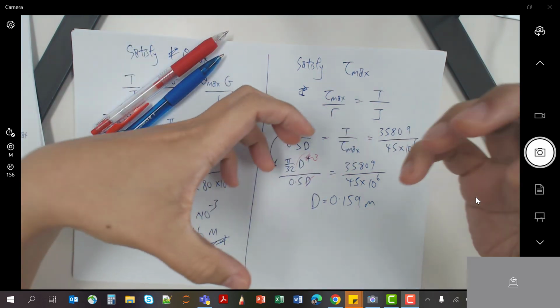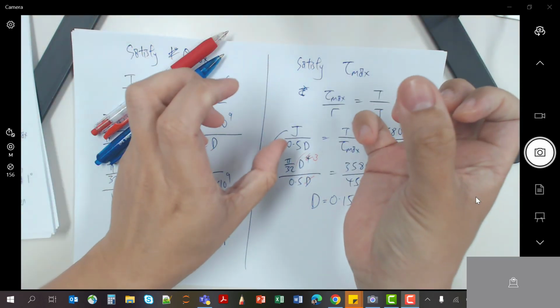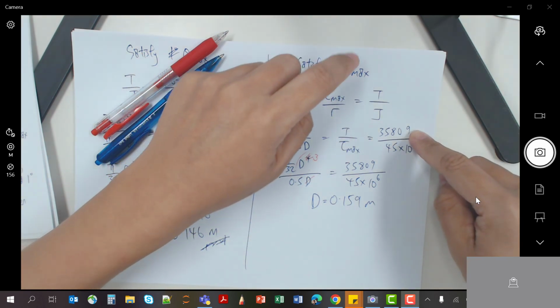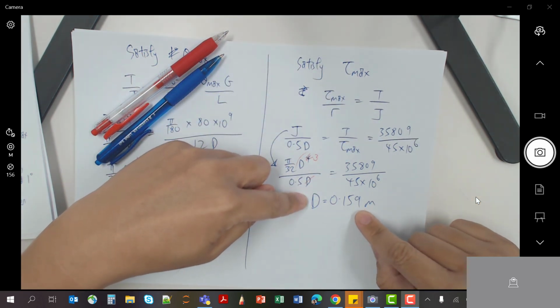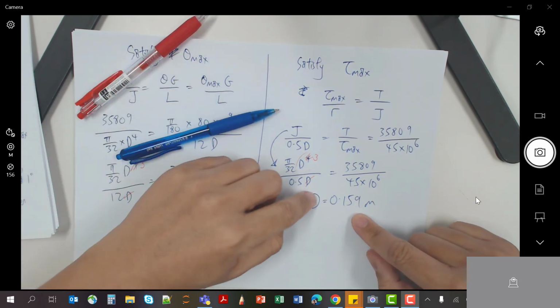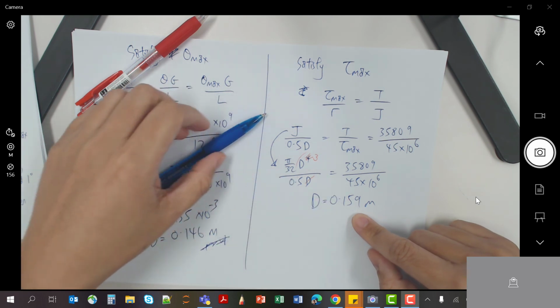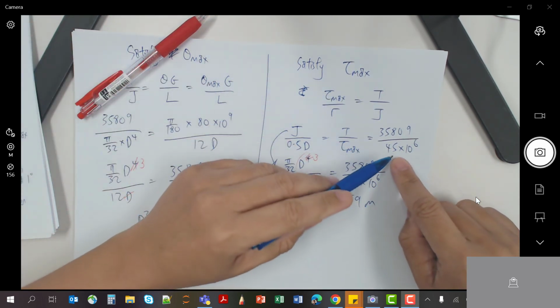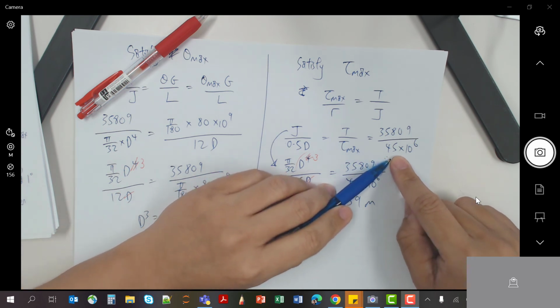With this torque, as I twist the rod, when my diameter is this thick, the shear stress experienced at the edge of the shaft will be just nice, 45 megapascal.